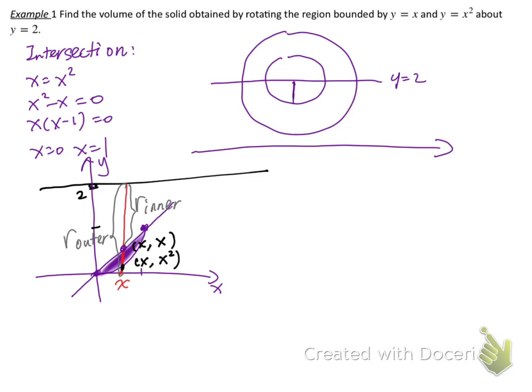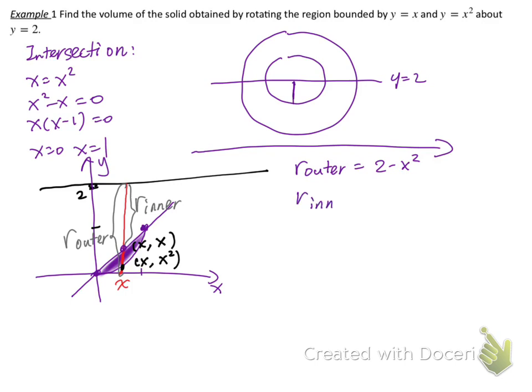So the outer radius is from x squared to 2, which is 2 minus x squared, because 2 is higher than x squared. I'm just subtracting the y coordinates.